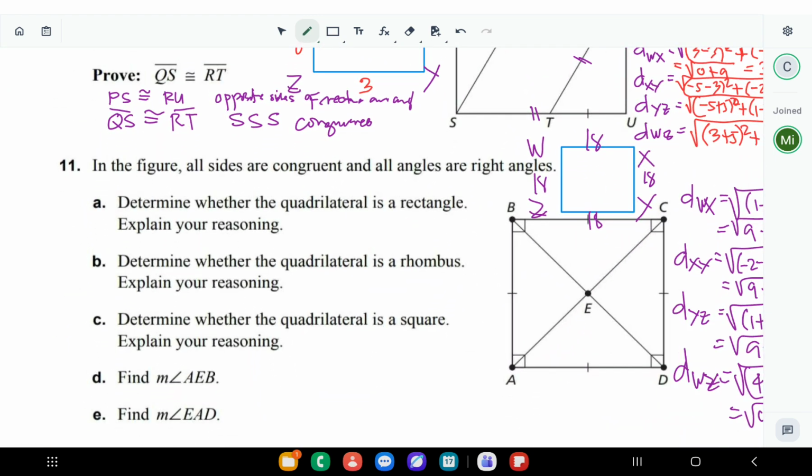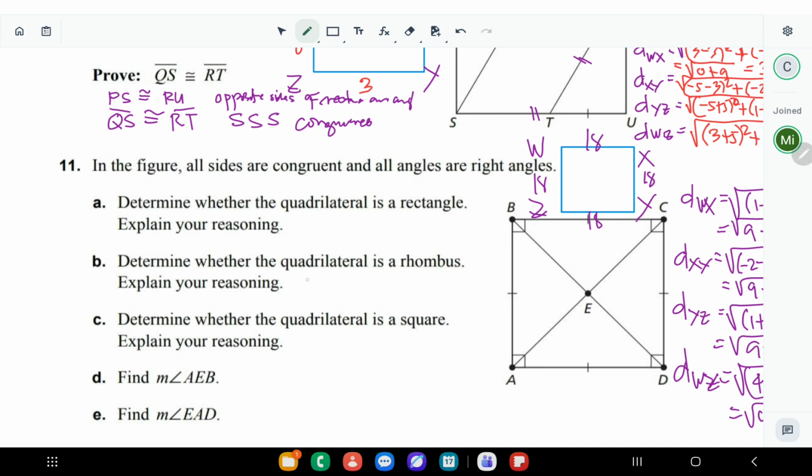Number 11. All sides are congruent and all angles are right angles. Determine whether the quadrilateral is a rectangle. Explain your reasoning. It's not a rectangle?